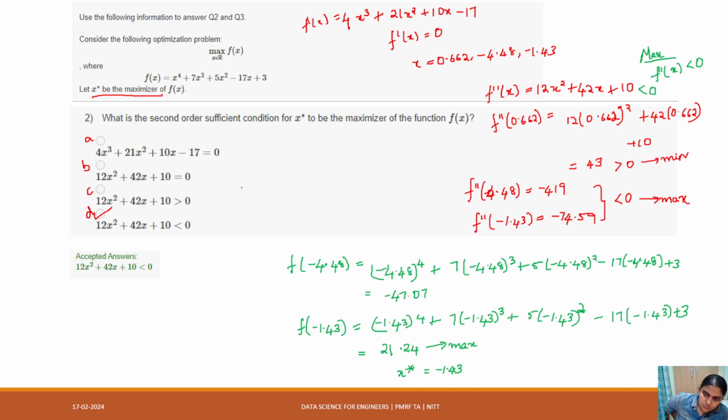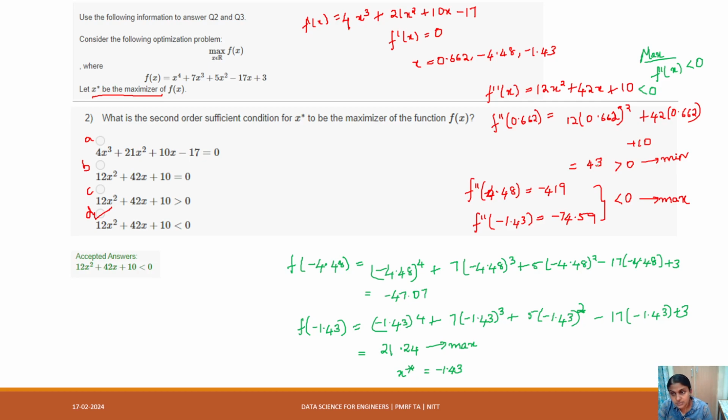Then we found out the values for the double derivative at the stationary points that we have found out. So 0.662 gave 43, minus 4.48 gave minus 419, and minus 1.43 gave minus 74.59.